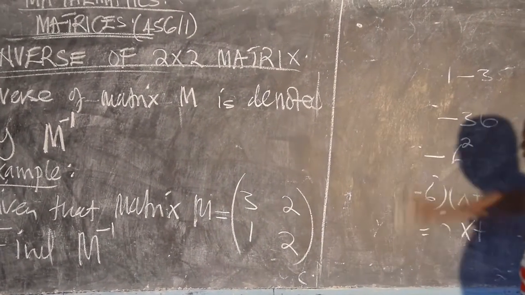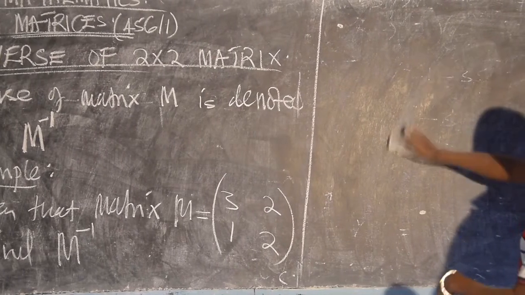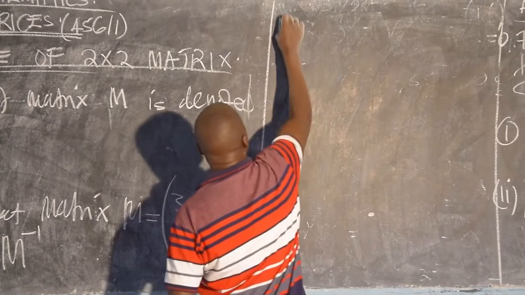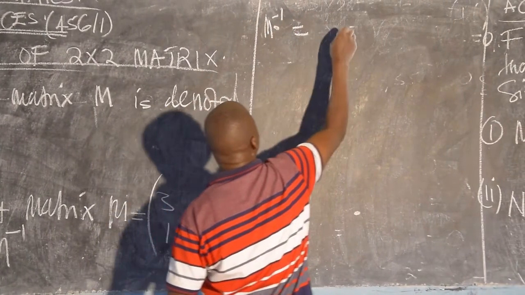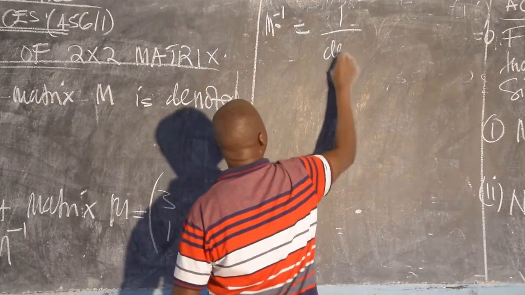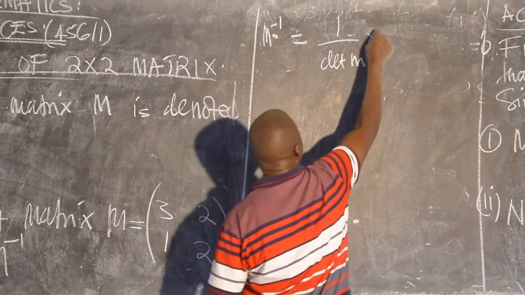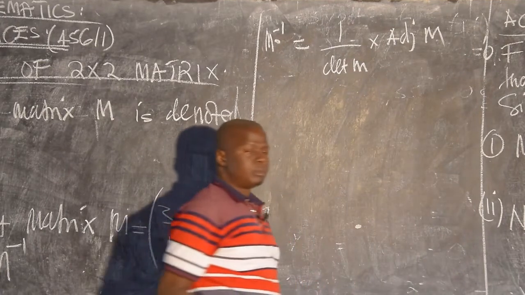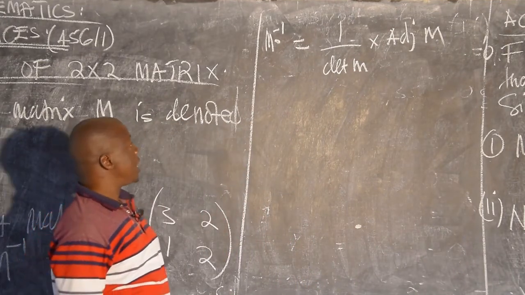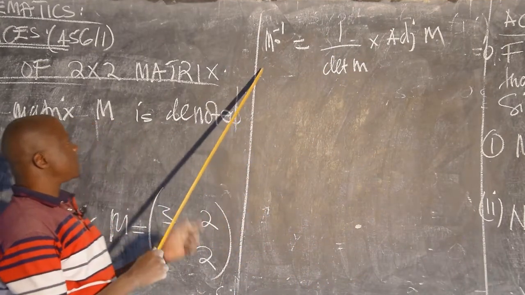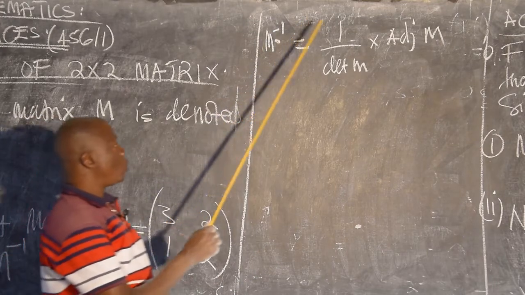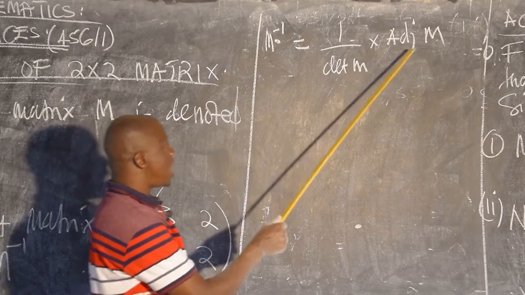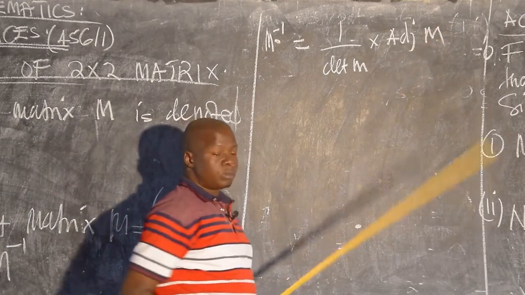We say that M inverse equal to 1 over determinant M times adjunct M.